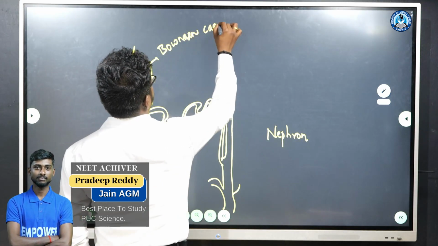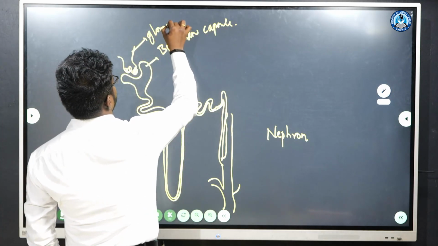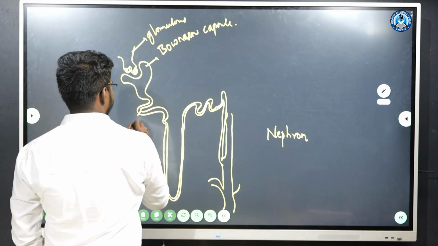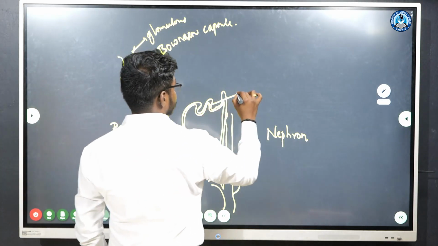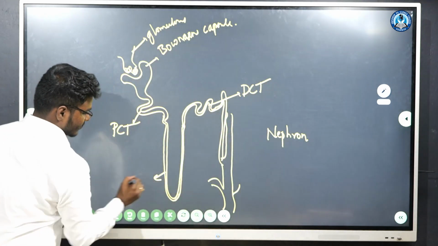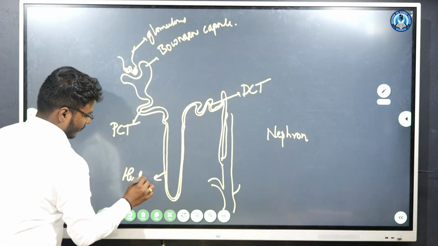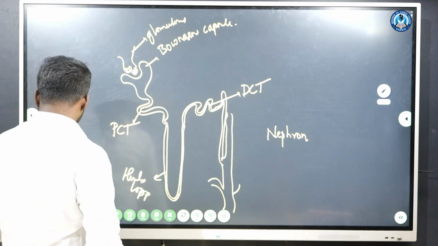This is the glomerulus. This is the PCT, that is the proximal convoluted tubule. This is the DCT, that is the distal convoluted tubule. This is Henle's loop.